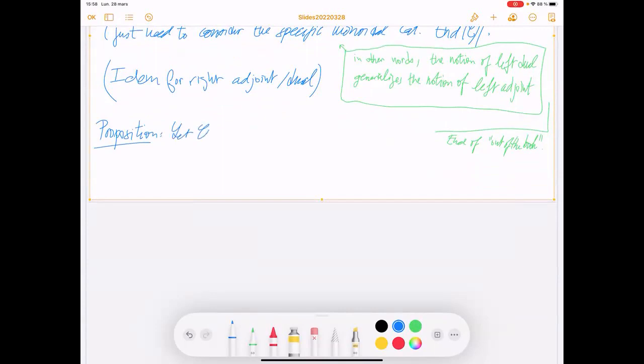Let's see, what is the proposition about? This proposition says that if a left dual of an object exists, then it is unique, up to unique isomorphism, preserving the evaluation and co-evaluation map. So this is a proposition about the uniqueness of the left dual when it exists.